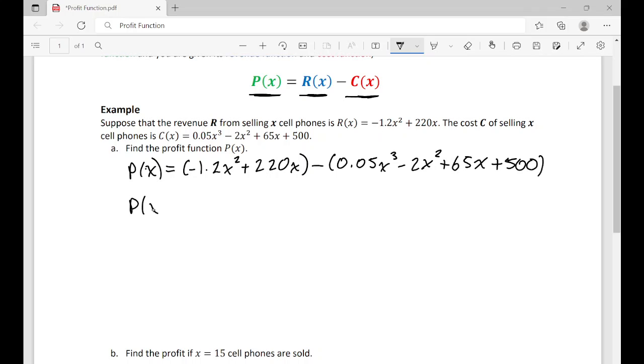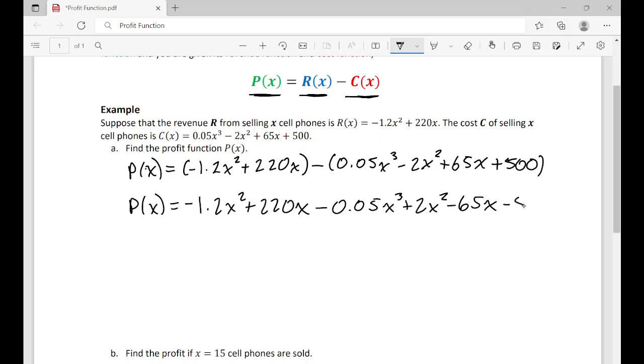So P of X is going to equal negative 1.2x squared plus 220x minus 0.05x cubed plus 2x squared minus 65x minus 500.